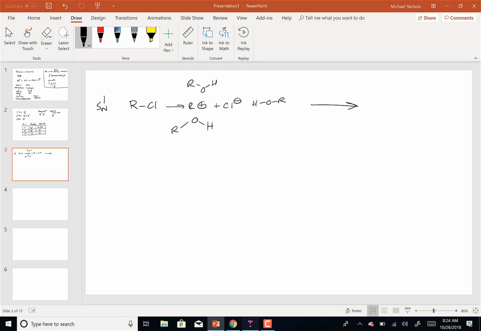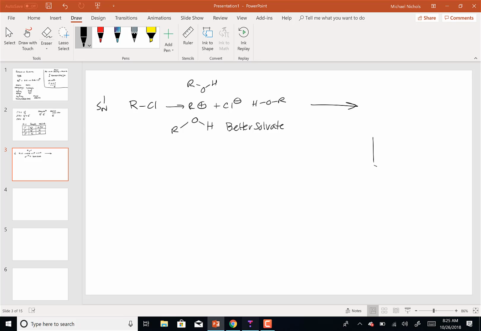Stabilize them, make them more stable. That's what hydroxylic solvents do. They better solvate the carbocation and the anion, and so they make the intermediate, they make the products of this reaction more stable.